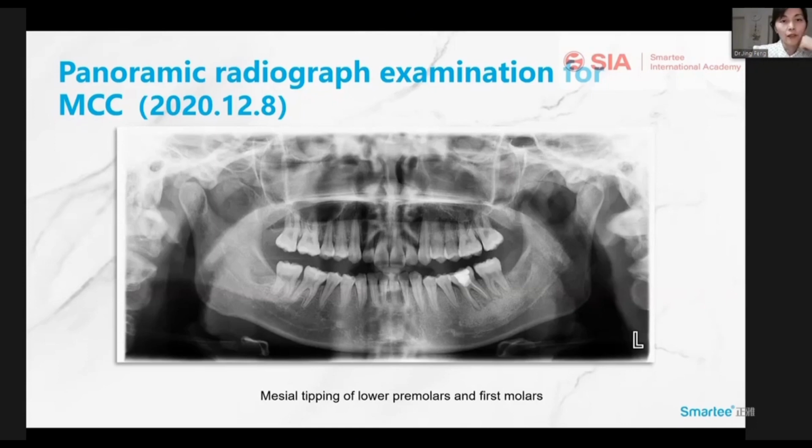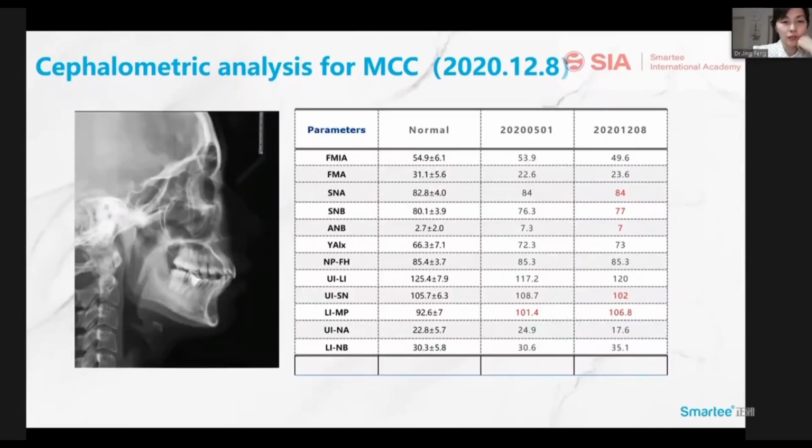The SEF analysis for MCC shows the same thing. The lower incisors' inclination is getting worse, and the molars are tilted mesially. That's not very good, so we have to fix it.